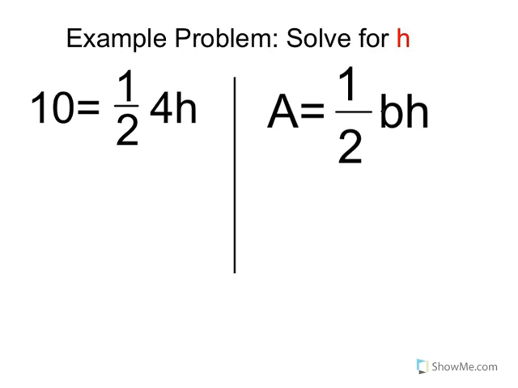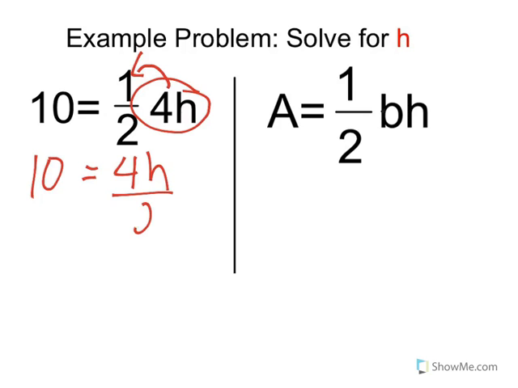So let's take a look at another example problem. A lot of the time I think that fractions can scare you guys. So I like to rewrite problems like this, where this part right here is going to go onto the top of the fraction. So it would look like that. If we want to get the top of the fraction alone, then I need to undo dividing by 2.